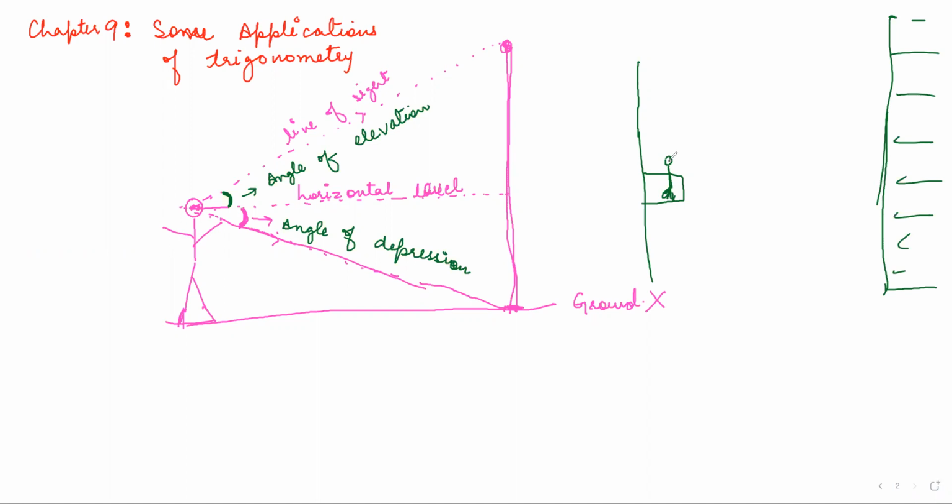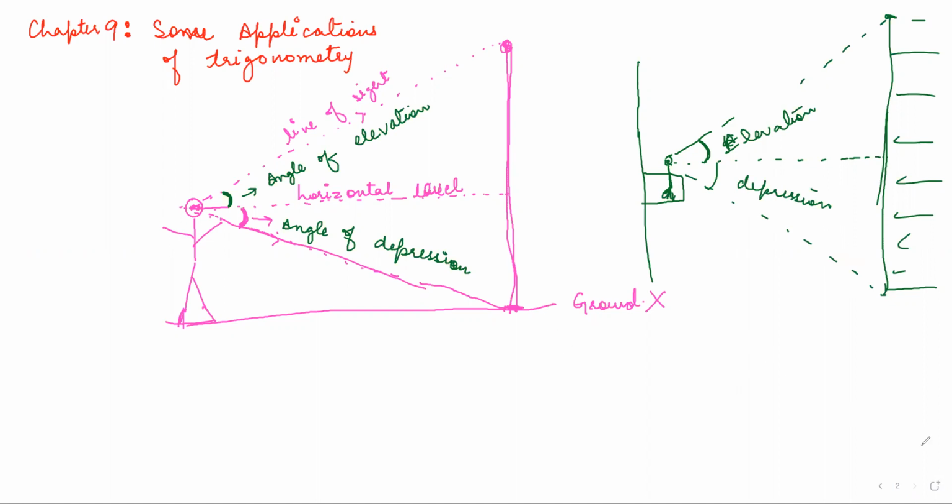These are your eyes, so this is the horizontal level. Now, if you are looking at the top of the building here, this one is your angle of elevation. And if you look at the bottom of the building, then this will be the angle of depression which will be formed. So I think it's clear now.